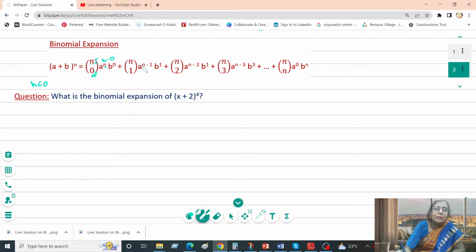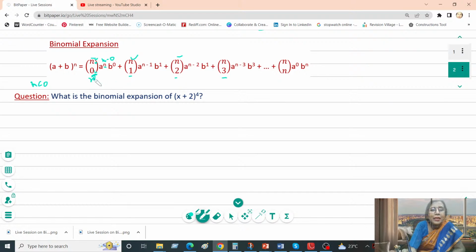Okay. The second term's numerical coefficient is nC1. You see that n is the same for every term, but this number is changing. Over here you don't have the existence of the letter r, but they represent the r values.